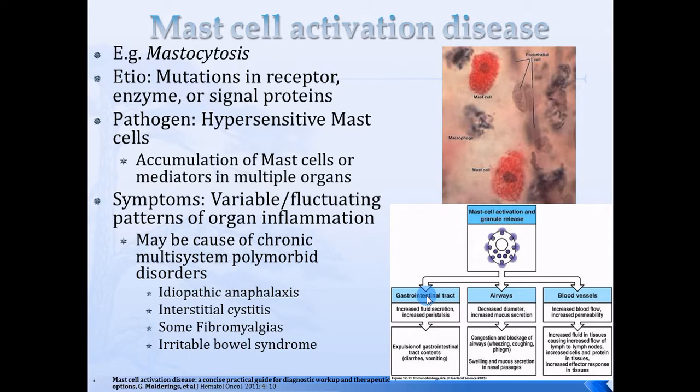Too many mast cells releasing too much histamine, causing too much irritation, redness, swelling to the GI tract lining. They're thinking that with fibromyalgia, it may be affecting pain signals, too much histamine. And then they're also looking at airways, so different forms of anaphylaxis and with blood vessels, anaphylactic shock may actually be related to too many mast cells. And then, of course, the chemical you want to keep in mind, histamine.